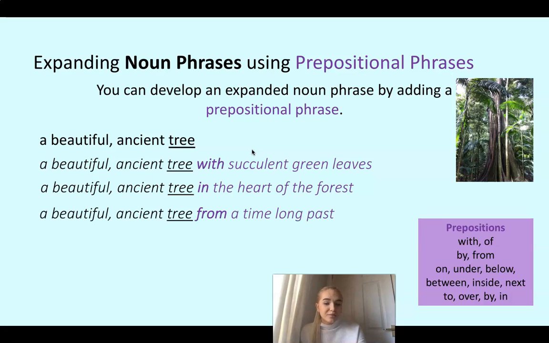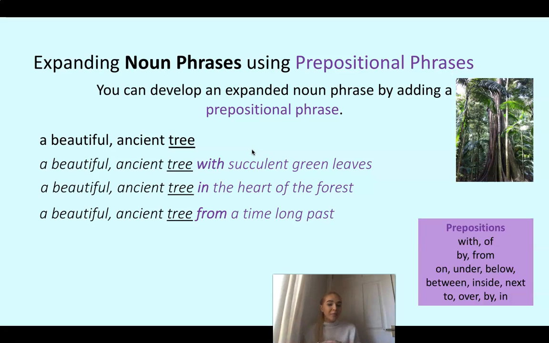And we could also use the preposition from. A beautiful ancient tree from a long time past. And you can see here how we've actually used the same expanded noun phrase, but depending on the preposition that we've used, it changes what we are going to create the prepositional phrase from that preposition. So if we've used the preposition with, that tells me that this beautiful ancient tree has something else on it, which is the succulent green leaves.